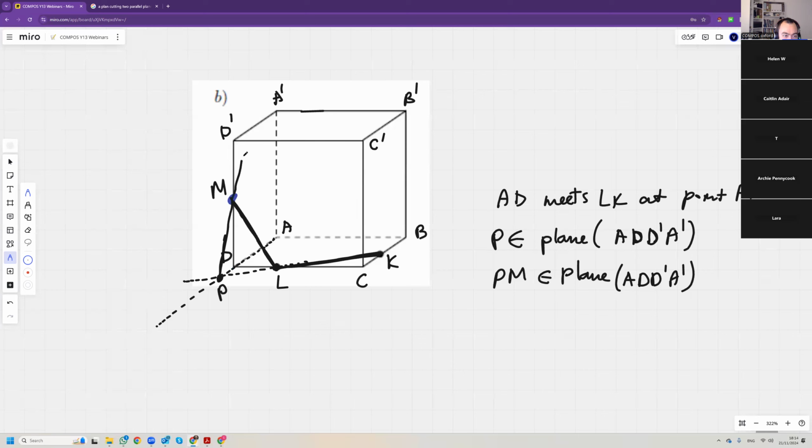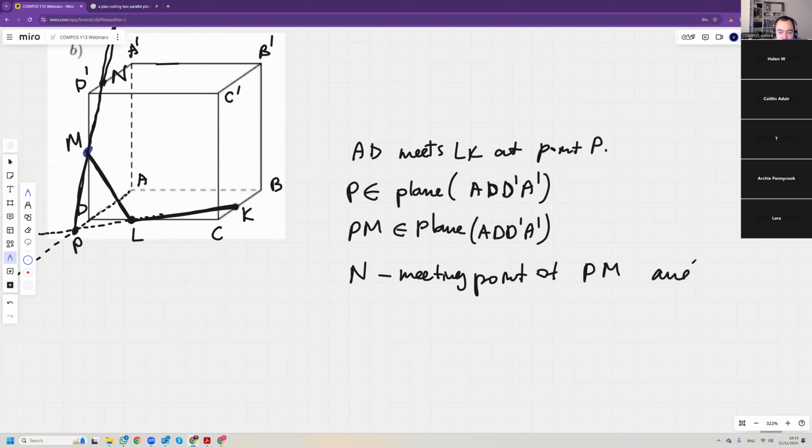Sorry, I'm not very good at drawing straight lines, so I'm just going to do my best. So you draw this point, KLMN. N is the meeting point of PM and A1, B1, C1, D1.